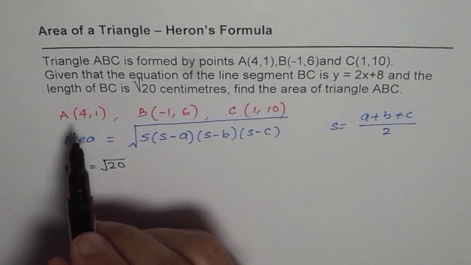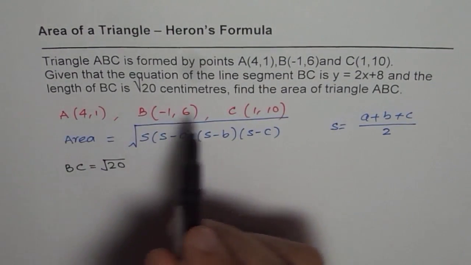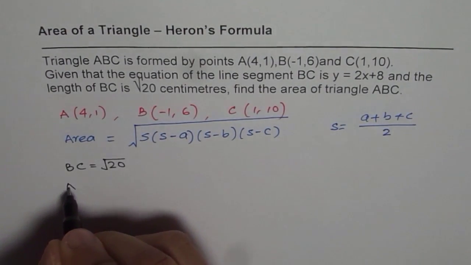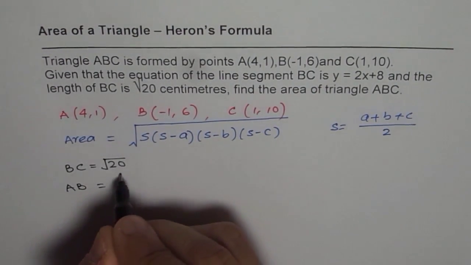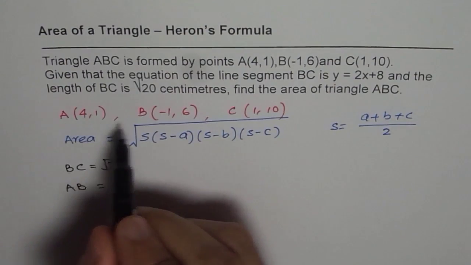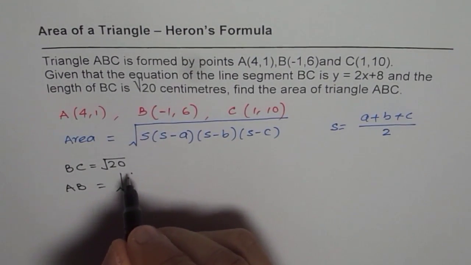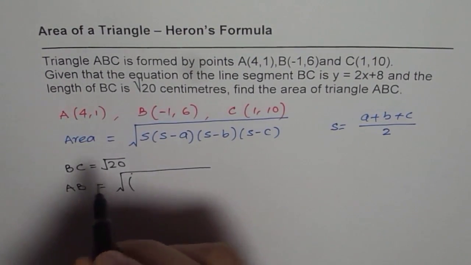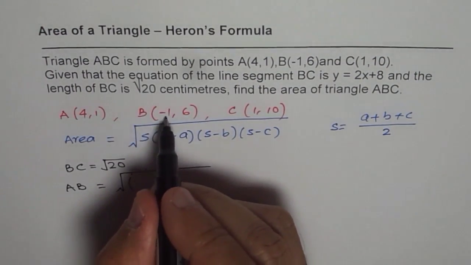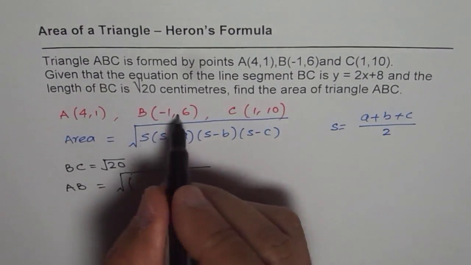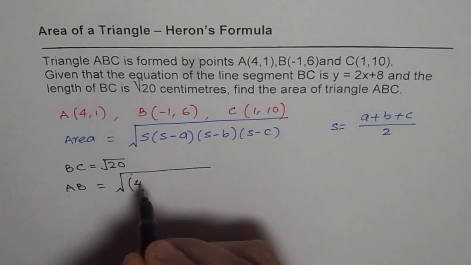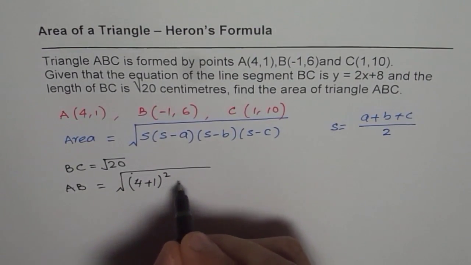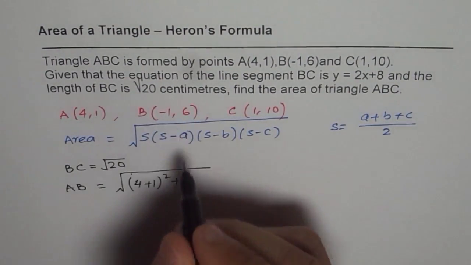The other sides will be AB and AC, correct? So let's find AB first. You can use the distance formula from A to B. We are looking for the square root of (x1 minus x2) squared, and since this is negative it is good to do it this way: 4 minus of minus 1 is 4 plus 1, squared, and then 1 minus 6.